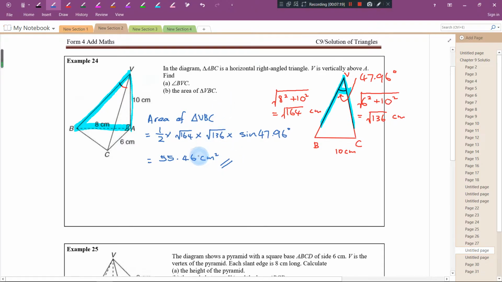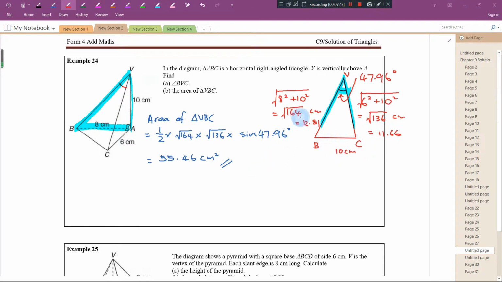Sometimes it might be slightly different, but it should be very close to each other. Okay, let's try using Heron's formula to find the area of this triangle. Square root of 164, I just round off to 2 decimal places, will be 12.81. Square root of 136 will be equal to 11.66.